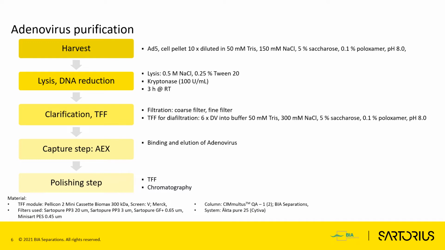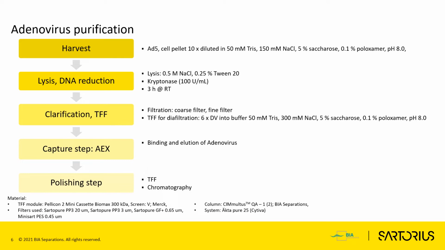We started with cell pellet diluted in buffer and performed lysis by adding sodium chloride to the final concentration of 0.5 molar and 0.25% detergent. After short incubation, Cryonase, a salt-tolerant nuclease, was added and the lysate was incubated for 3 hours while gently mixing. After that, material was clarified with coarse and fine filtration, and then TFF was implemented for diafiltration.